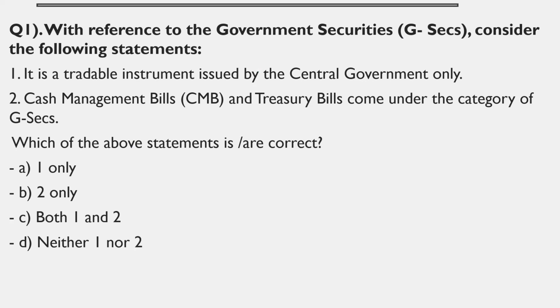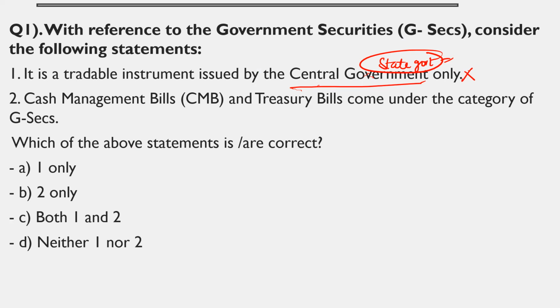GSEC is a tradable instrument which can be issued by the state government or the central government. The first statement says it can be issued by central government only. No, it can be issued by state government also. So the first statement is wrong.